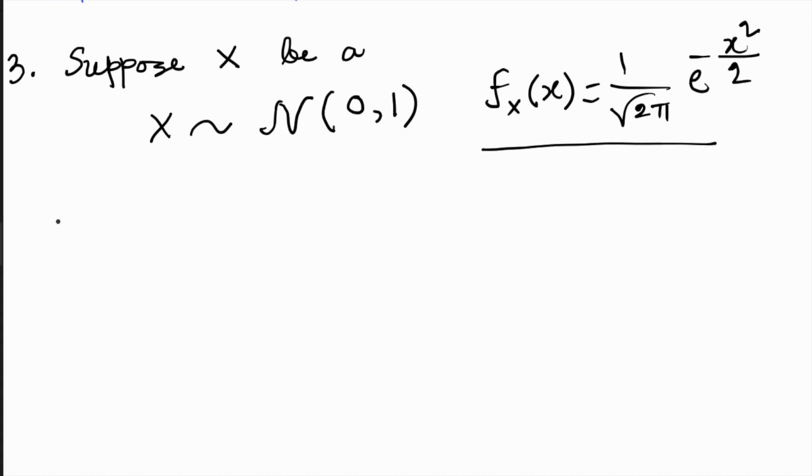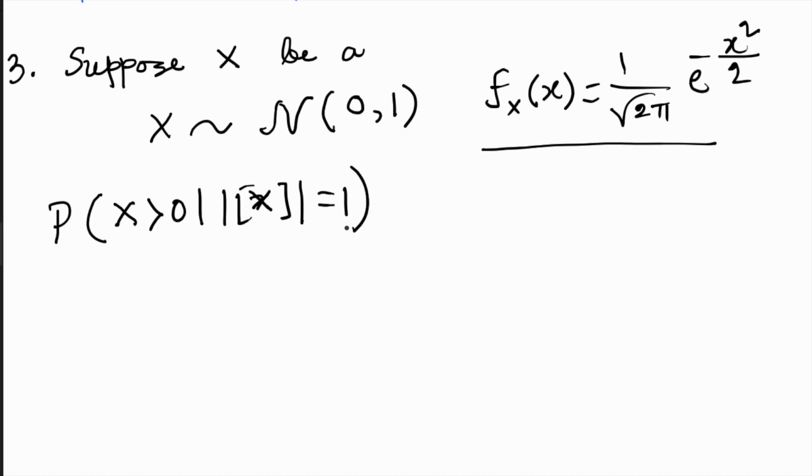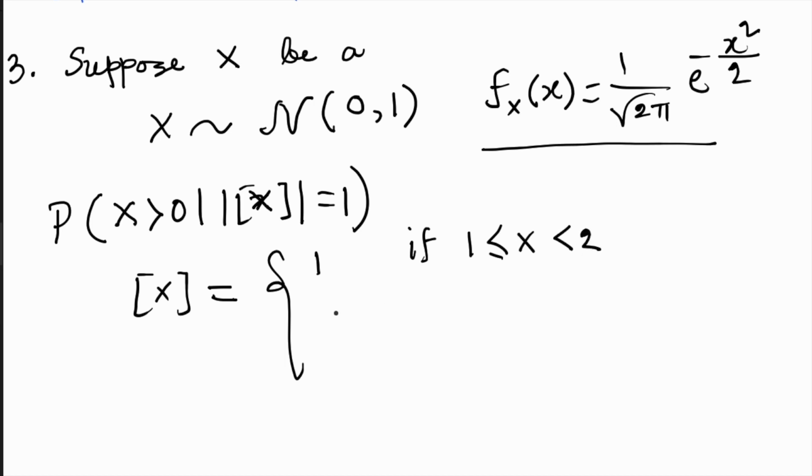Now we have to calculate the probability that the given function is greater than 0, where the function takes the value plus 1 if 1 is less than x less than 2, and minus 1 if minus 1 is less than x less than 0.